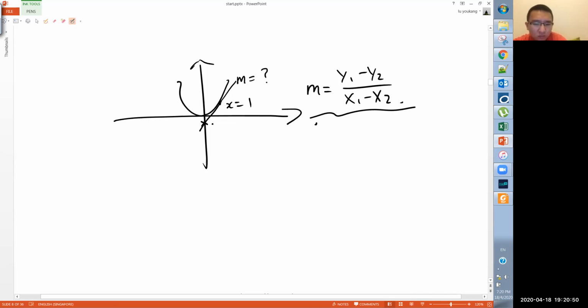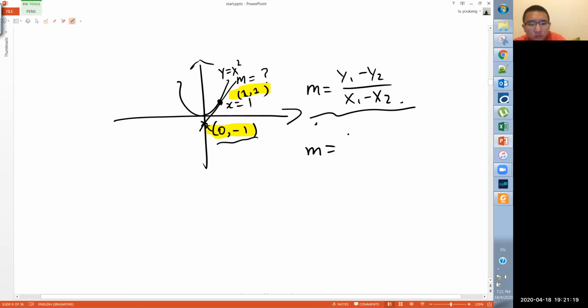Probably you pick this point, which is 0 and -1. Then you pick another point. Here, y equals x squared, so this point will be 1 and 1. You take these 2 points, and then you can find your gradient.